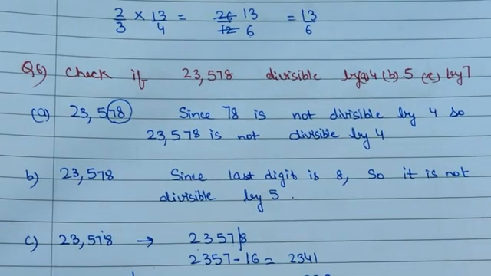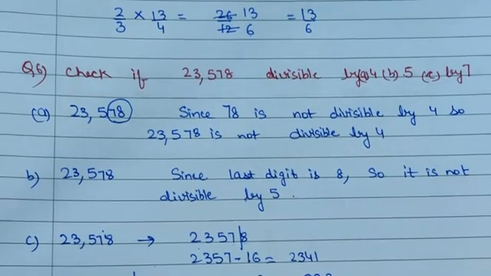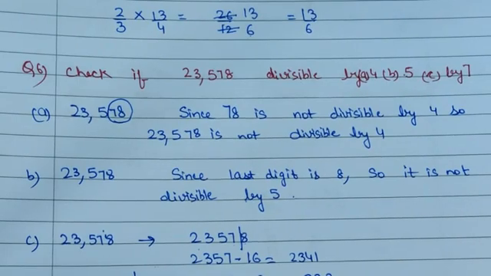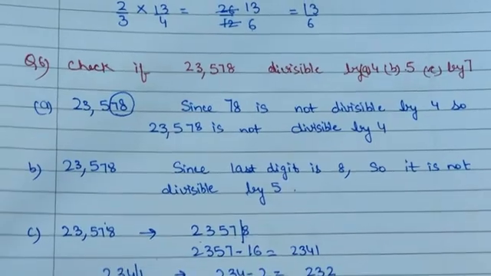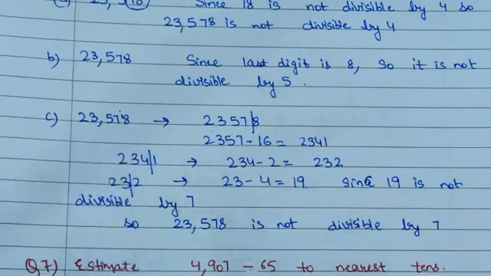Again do the same step. Separate it, multiply it by 2 and subtract it from the remaining number. So we get 23 minus 4, that is 19. Now we have to stop when we get a 2-digit or 1-digit number. So 19 is not divisible by 7. So it means the whole number is not divisible by 7.